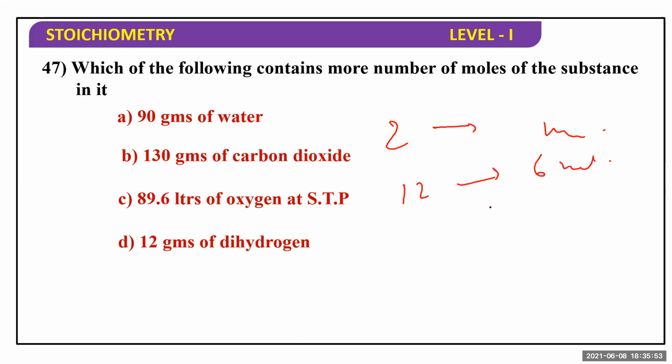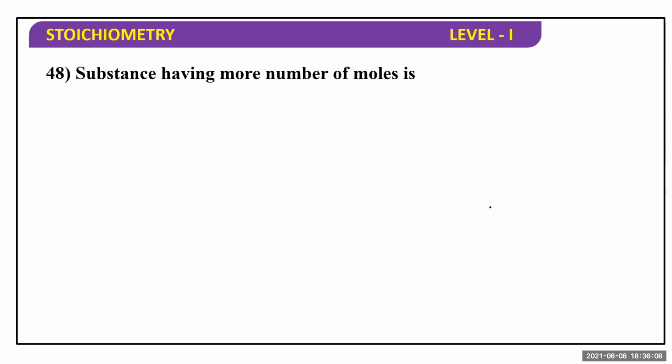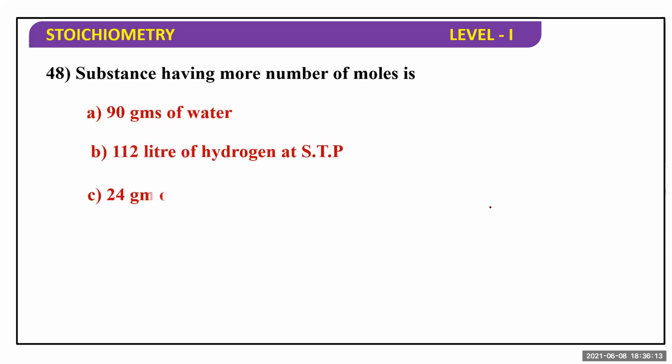So we can say this is D, 6 mole hydrogen. So the substance having more number of moles is again the 90 gram of water, correct?